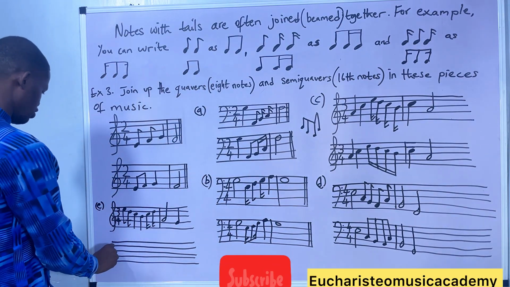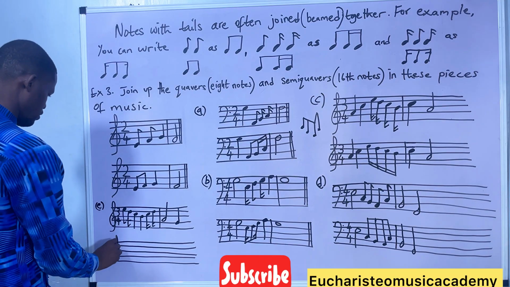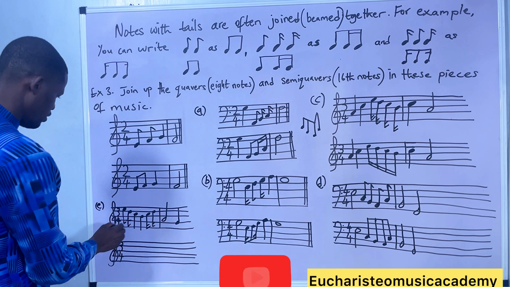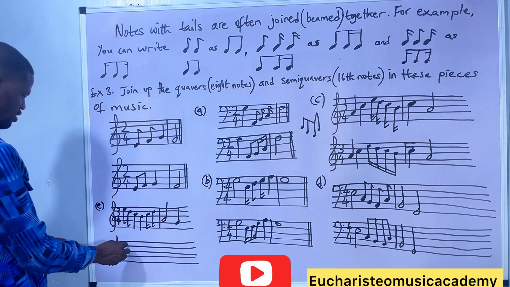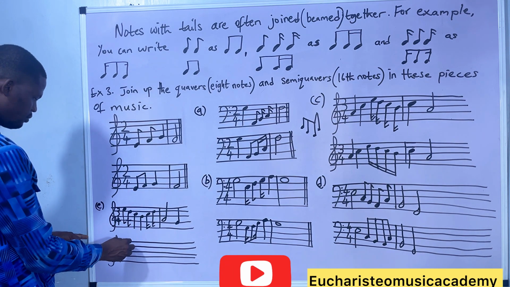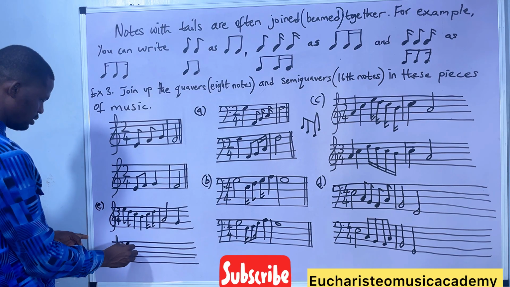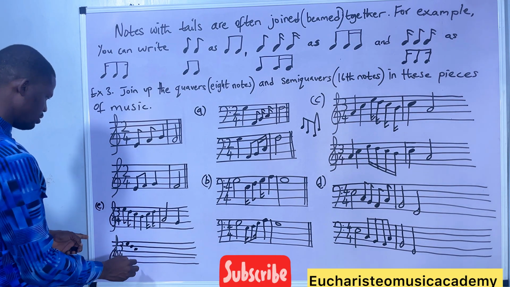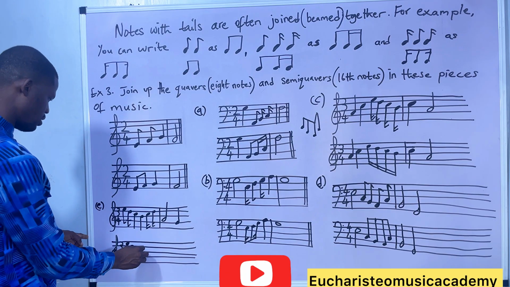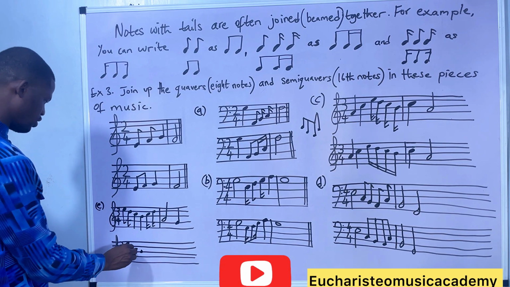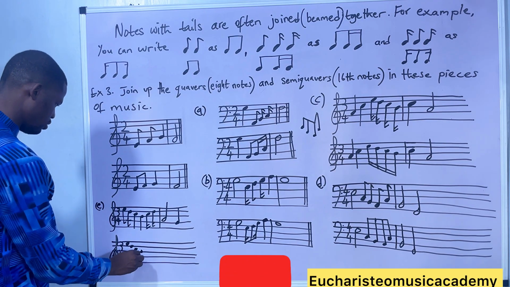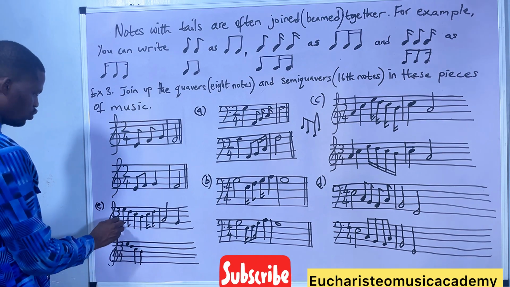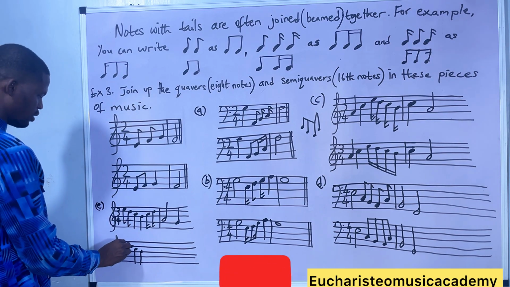E. Double bar, 3/4. The first one is a minim. What space? Okay, the crotchet, the crotchet 2. For these two quavers, let's bring them together.